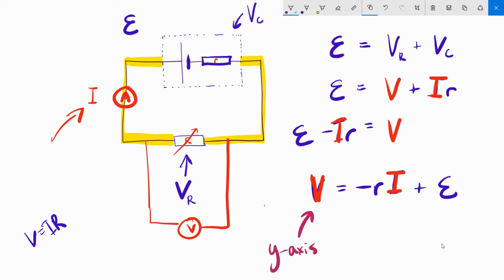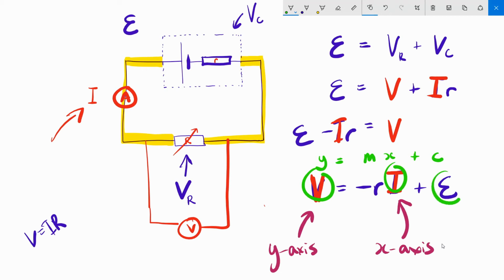You are going to plot your voltage on the y-axis, and you're going to plot the current on the x-axis. And why are you going to do that? Because the form of this line is now, if you have this be the y and you have this be the x, then y equals mx plus c.